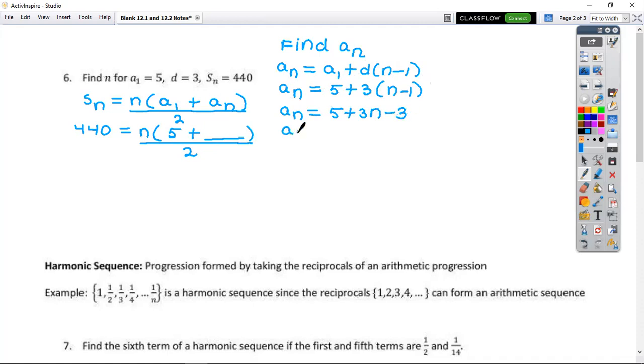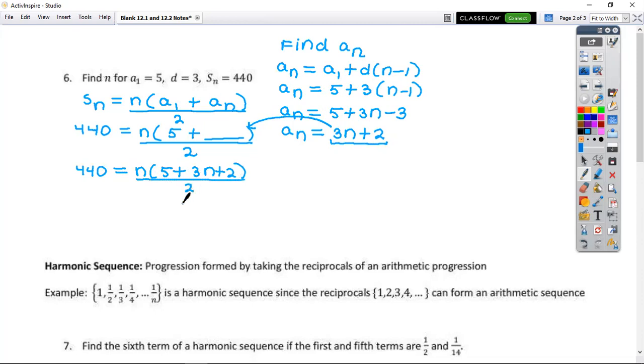Therefore, a sub n is equivalent to 3n plus 2. And that is actually what you're going to substitute over here. So we're going to put that in there. So I'm going to have 440 equal to n, and then 5 plus, and then 3n plus 2, and divided by 2.